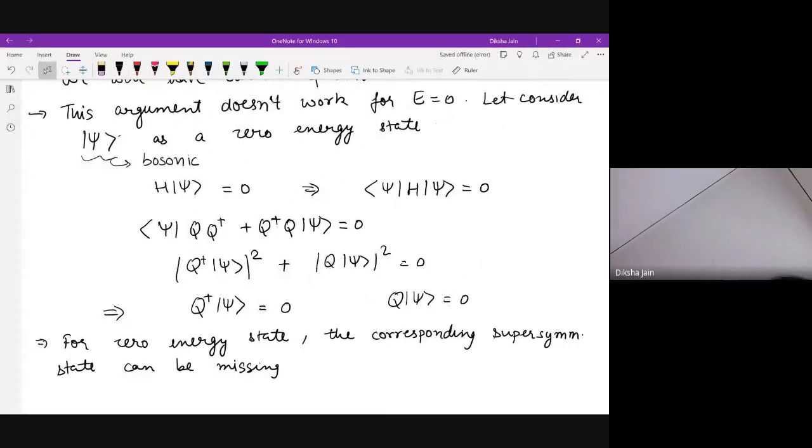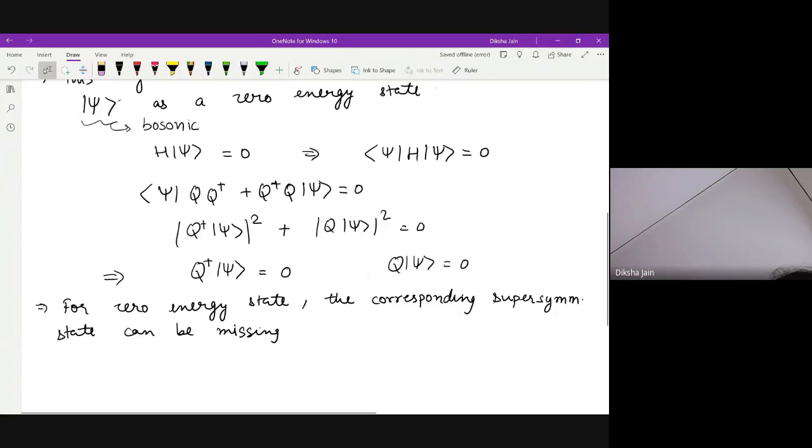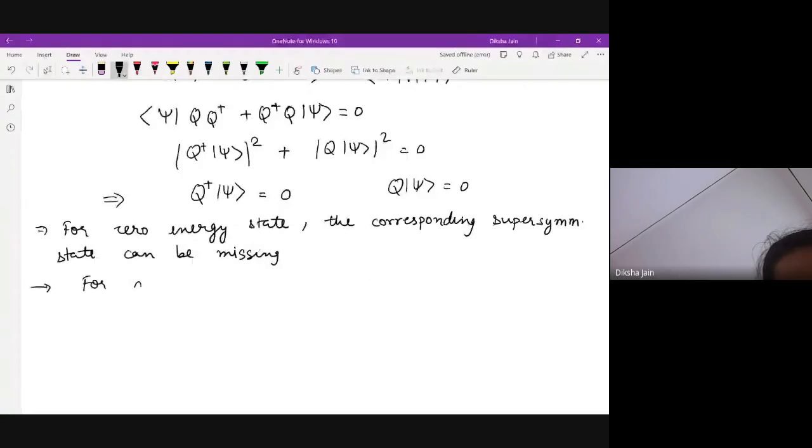There can be another fermionic state, psi f, that you don't know. But if you start with a bosonic zero energy state, you cannot get a fermionic zero energy state just by applying Q. So what we have concluded for a supersymmetric system is that, except zero energy states, fermions and bosons are paired.